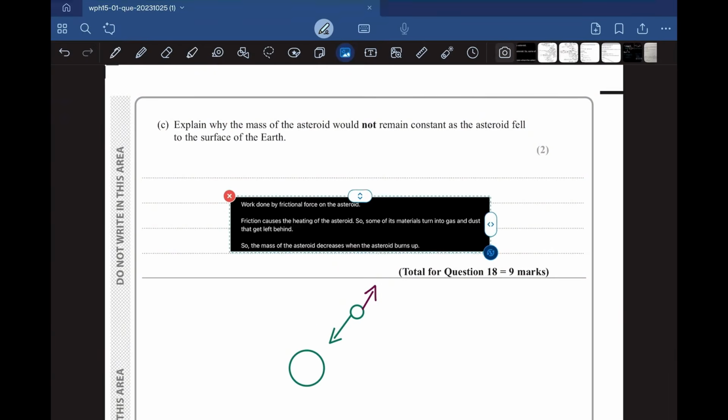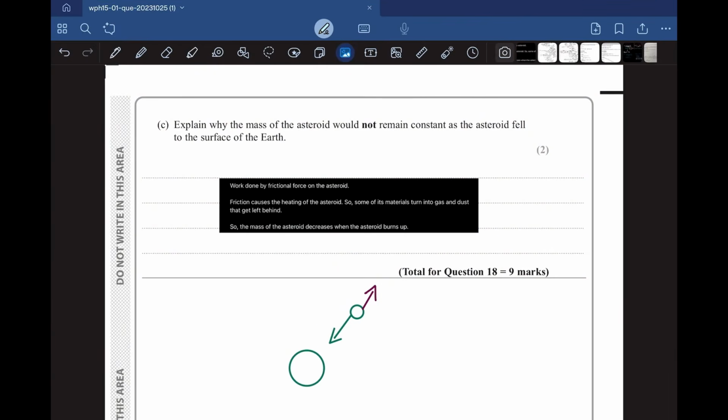So this is going to be our answer: work is done by the frictional force on the asteroid, and friction causes the heating of the asteroid, so some of its material turns into gas and dust that gets left behind. So the mass of the asteroid decreases when the asteroid burns up. This is the perfect 2 marks answer. Though I have written 3 points, it's very important to understand each and every point.